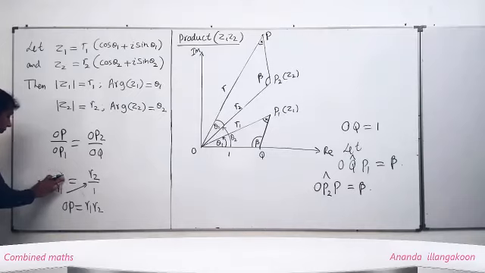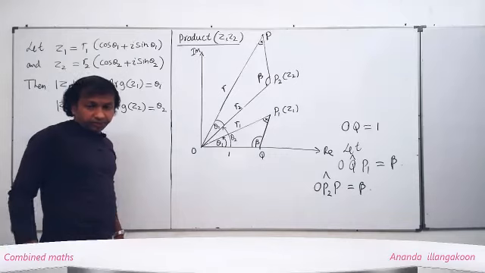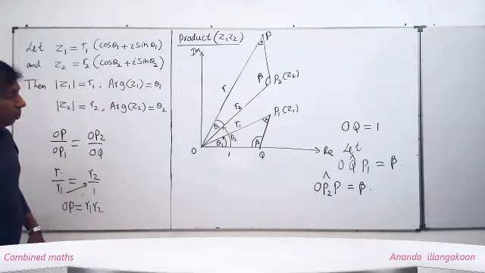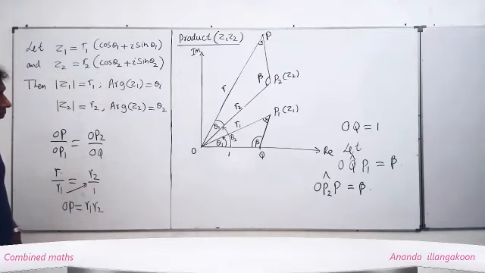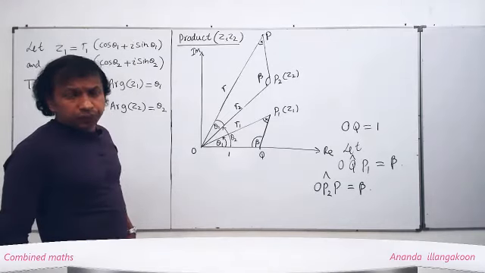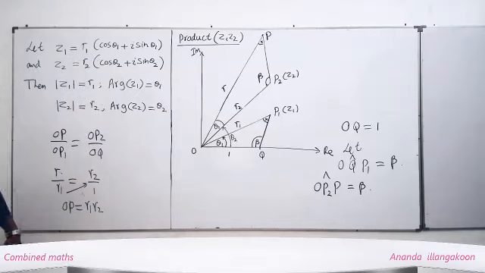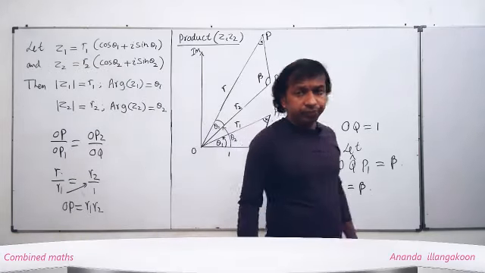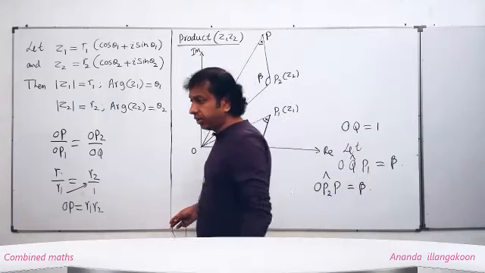By the diagram, triangle OP1Q and triangle OPP2 are similar triangles.